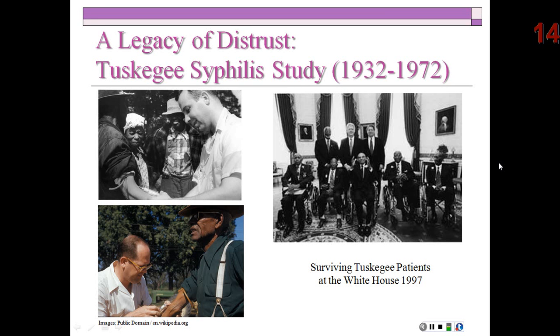So they would give some people with syphilis a placebo, and then they would give other people with syphilis the actual cure. And this was going on for 40 years. Even after they found out that their cure was actually working, they continued to do an experimental method, and they left people with syphilis who they could have easily cured.